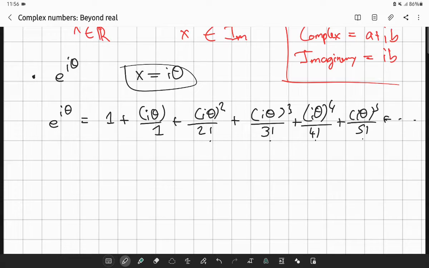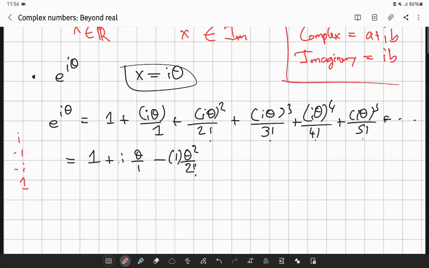Okay, so let's start computing these powers by the rule that we chose. So we have 1, i theta over 1. After i, what is the next one? i squared is minus 1, so I'll have minus theta squared over 2 factorial. What's after minus 1? Minus 1 is minus i, because the pattern goes something like this. Remember? i, minus 1, minus i, and 1.